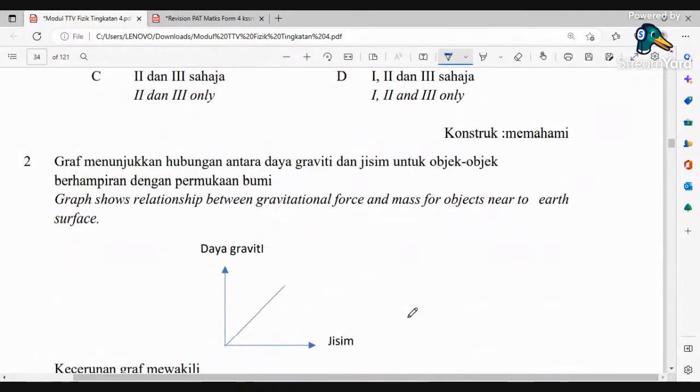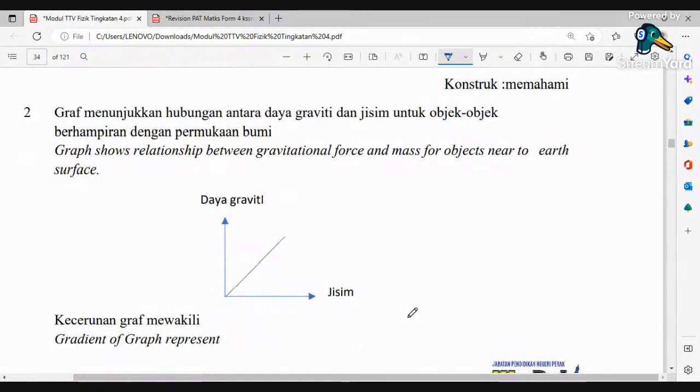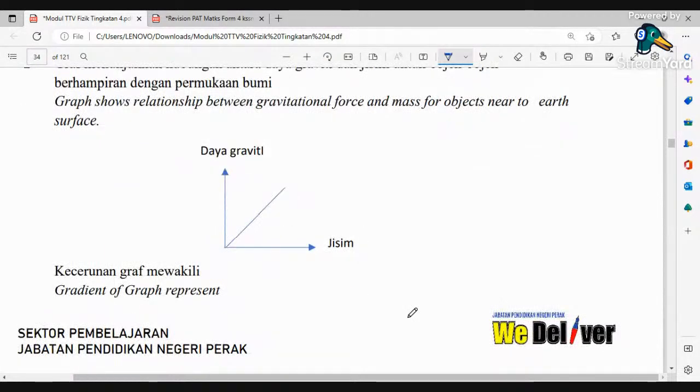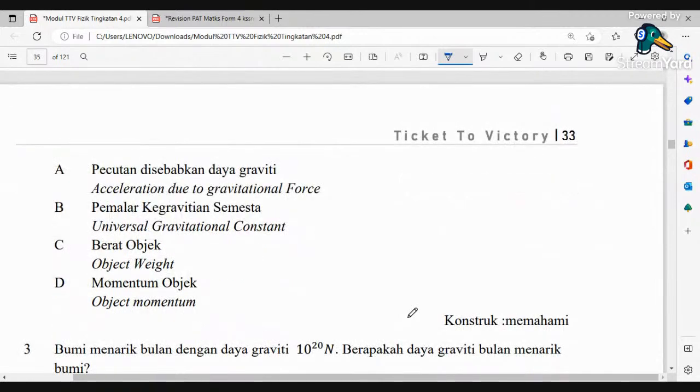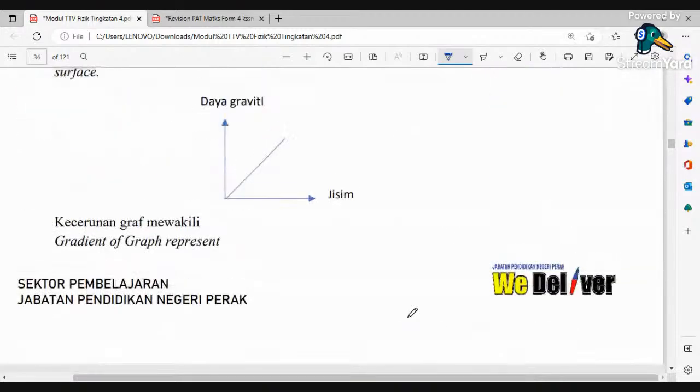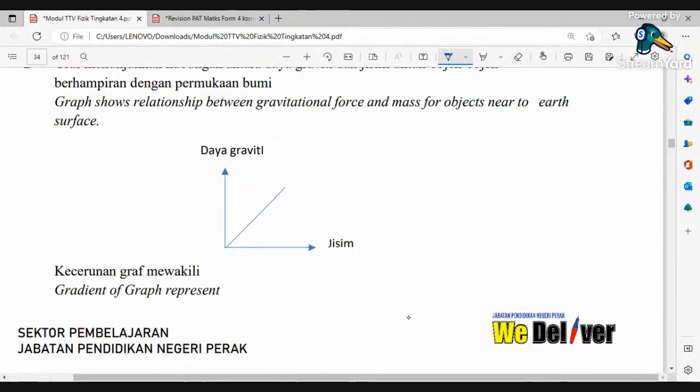Number 2, the graph shows the relationship between gravitational force and mass for an object near the Earth's surface. What does the gradient of the graph represent? Which one is the answer? We look again. This is gravitational force, this is mass. So we use the formula F equals mg, for an object close to the Earth, gravitational force acts on the object.